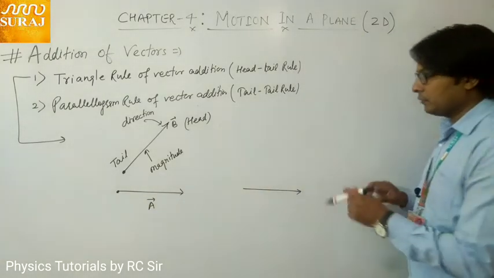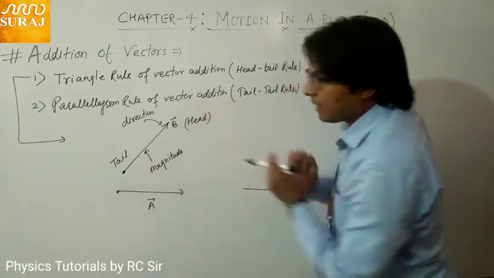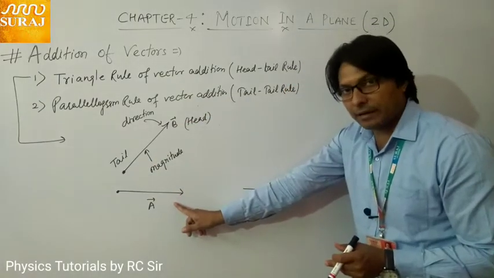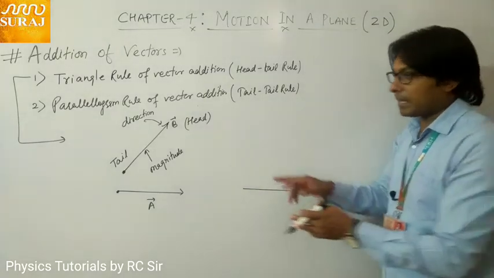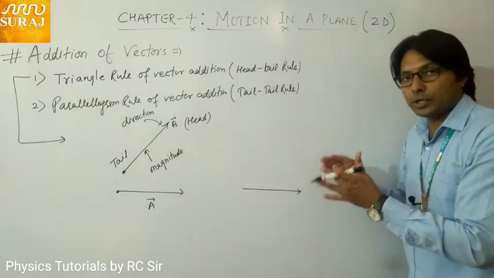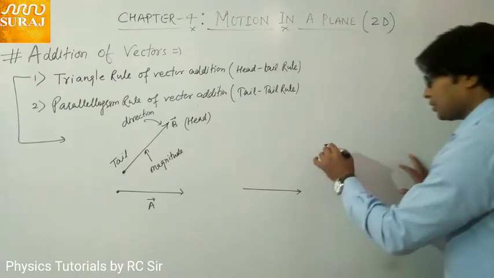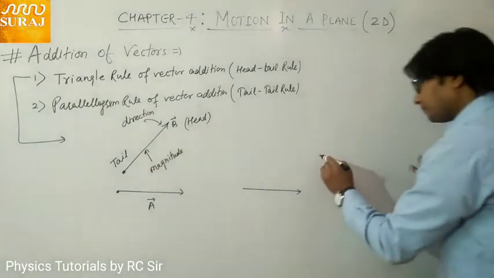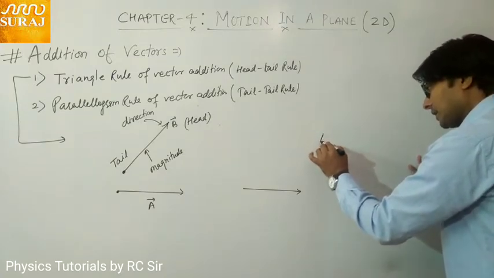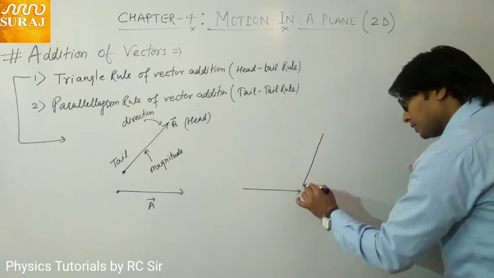Next we will put the B vector on the head of this A vector, such that the magnitude and direction of B vector are not changed.